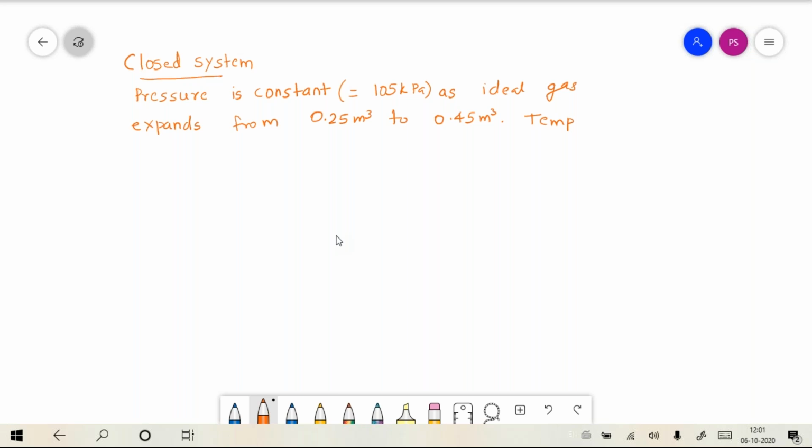You need to calculate the heat transfer during process 1 to 2, the work transfer in process 1 to 2, and the change in internal energy during the process.